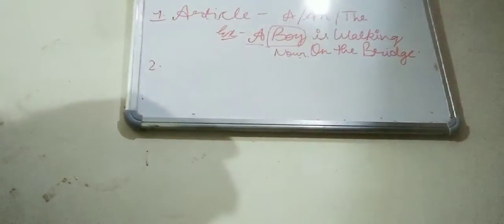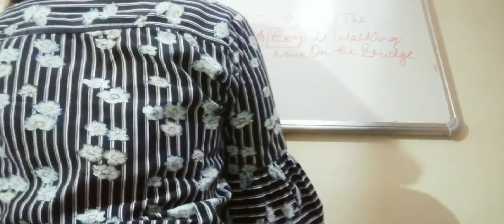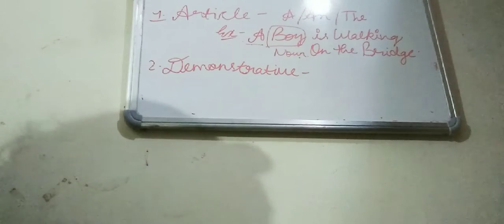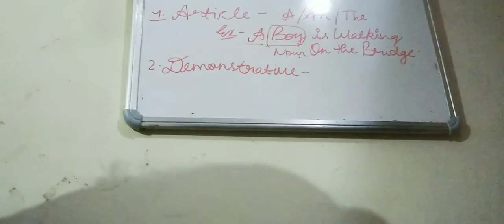Now let's move ahead and go for the next type, which is demonstrative. In this, what will come? This, that, these, those. These are all demonstratives.